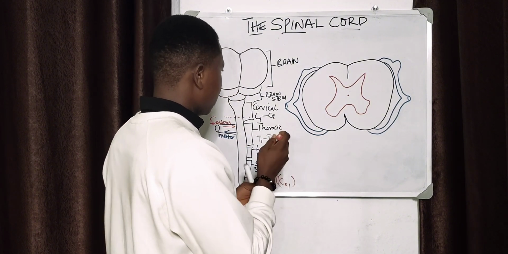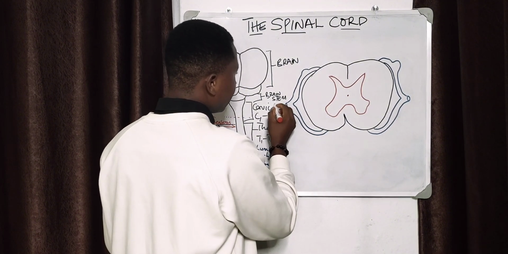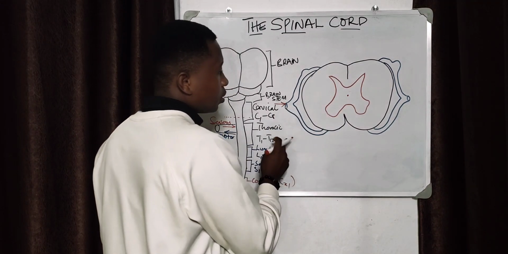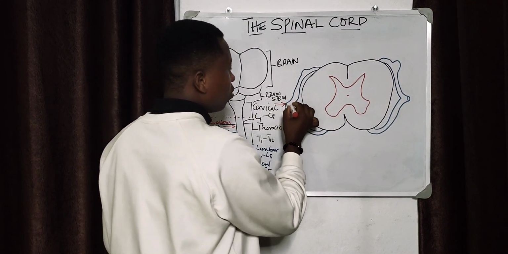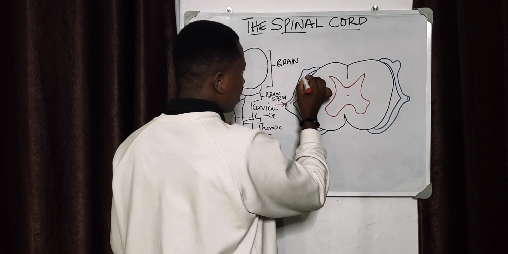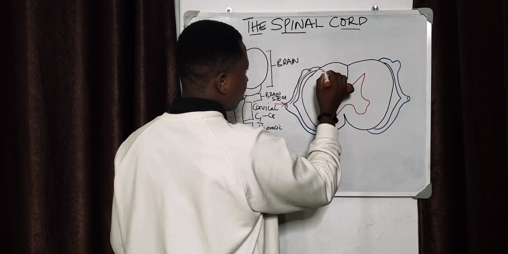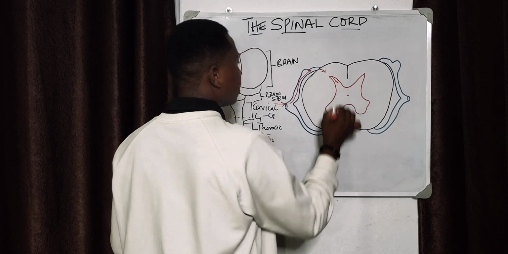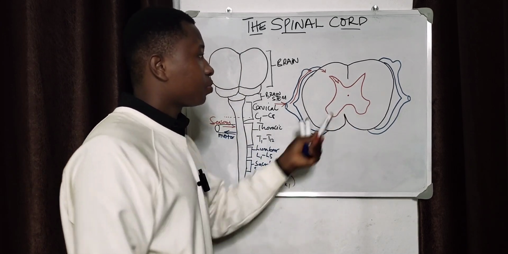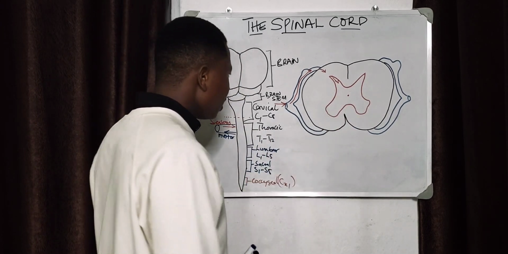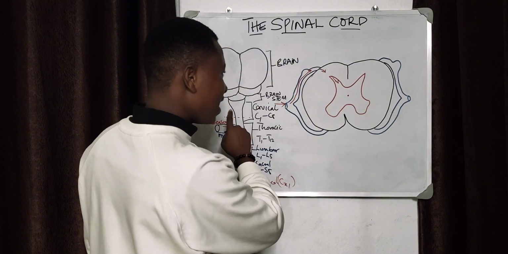So let's say this is the sensory nerve entering. Okay, so when the sensory nerve enters, it always goes through the back and enters this part, the gray matter. Now, that is that because it is entering.